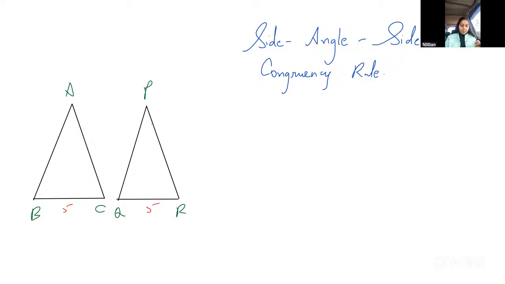Let's take AC, AC is 6, so PR also has to be 6. What is the angle between them? BC and AC, angle C. And between QR and PR, angle R. So if this is 50 degrees, this will also be 50 degrees. This is what the rule says.